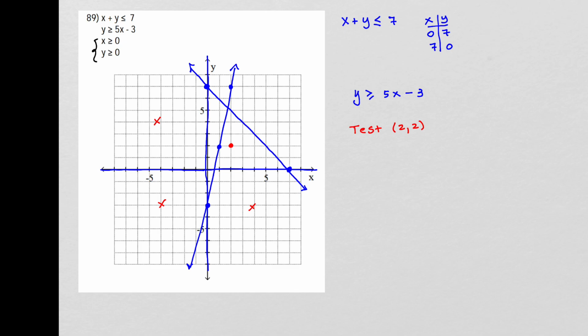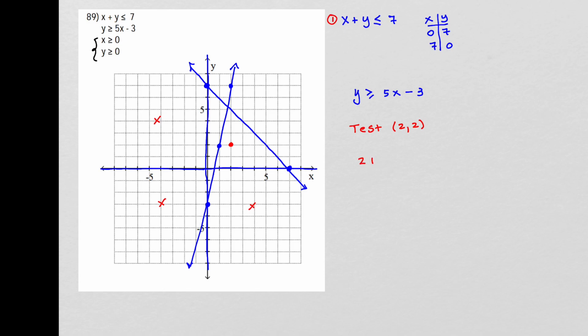If I plug that into my first inequality, then I have 2 plus 2 is less than or equal to 7, which is true. So this is our line number 1. We want to be on the side with this test point, which means we can eliminate this section and this section. Those are both on the opposite side of that line.